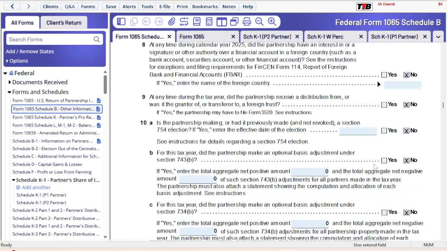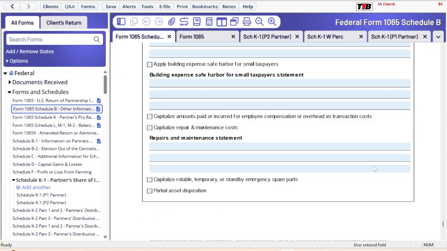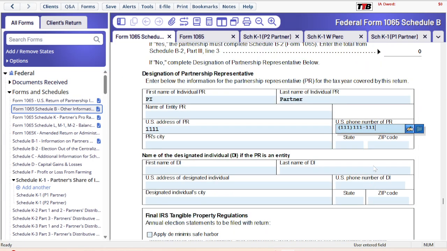Let's change it a little bit so that it does not look like the EIN, and then the zip code, and we can just complete the city.